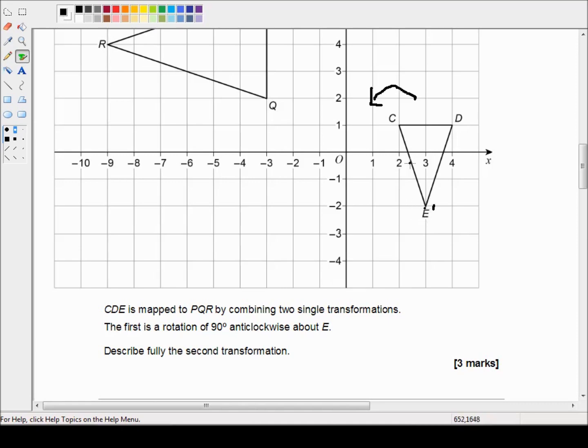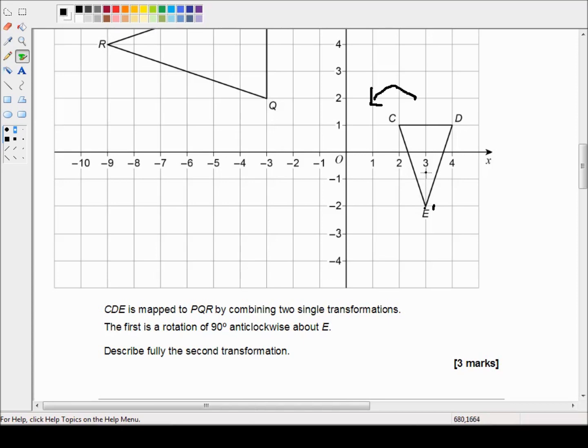Now what's happening to point C? So we're going up 1, 2, 3, and then we're going -1 along the x-axis. So it's -1, 3. So we're going to rotate 90 degrees.